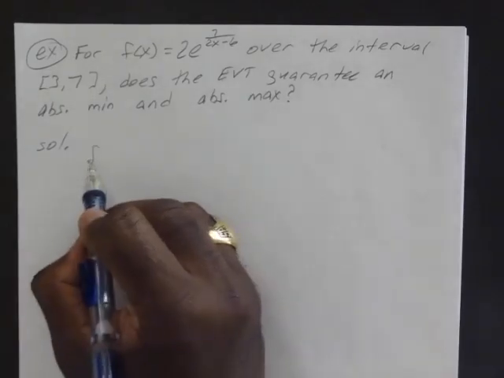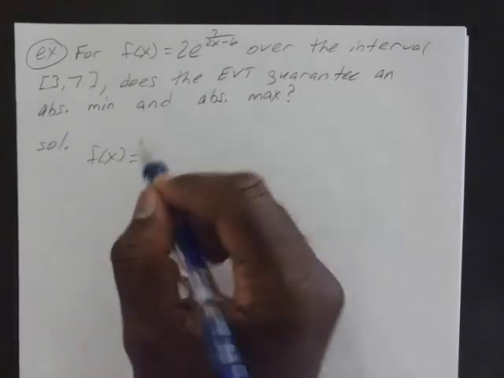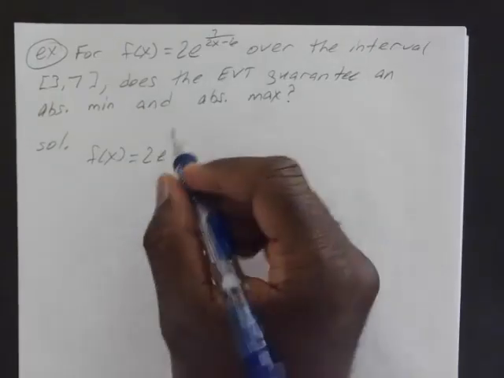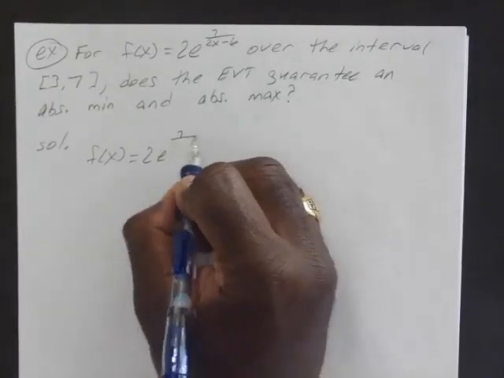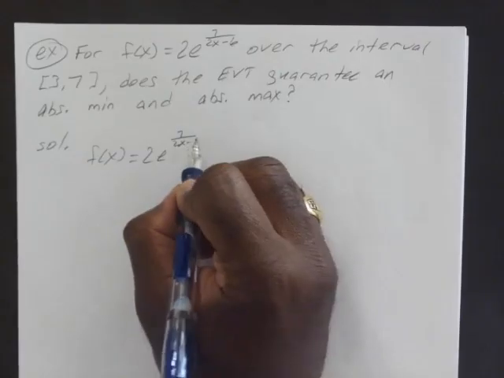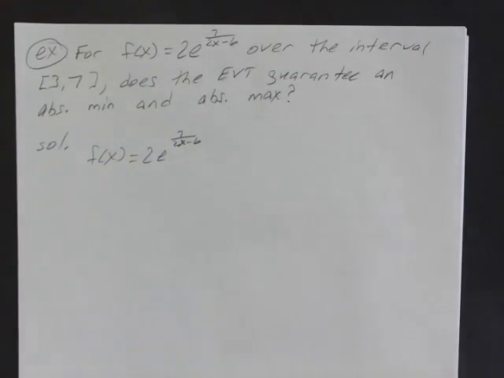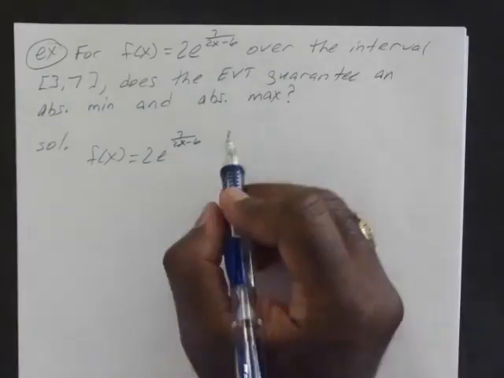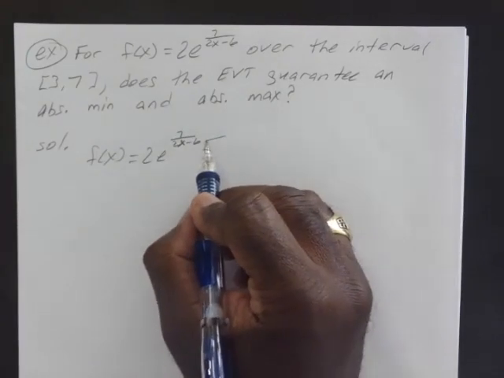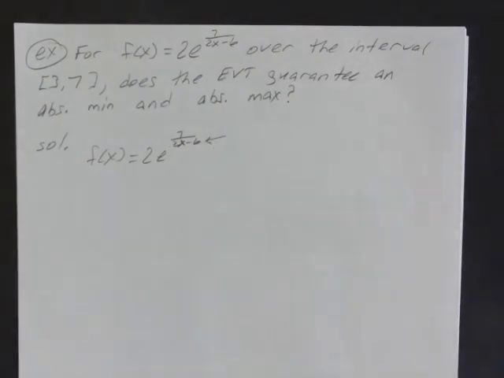Okay, so let's look at our function f of x equals 2 times e to the power of 7 divided by 2x minus 6. So this would be defined everywhere except wherever that denominator is equal to 0.